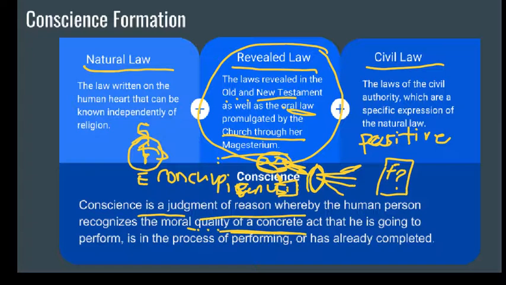The last thing I'm going to go over is the homework assignment, which was a reading that gives a really good explanation of how synderesis, conscience, and the natural law work together.